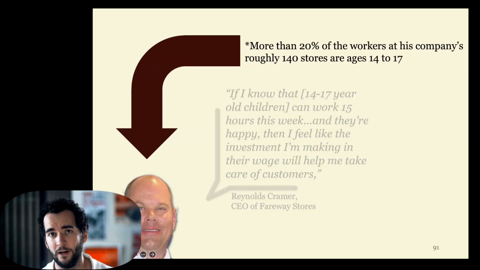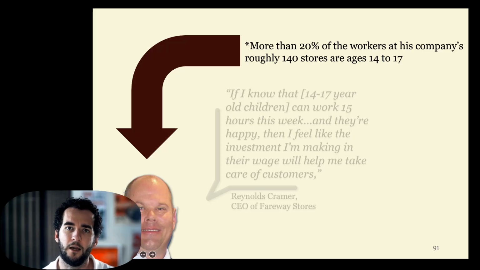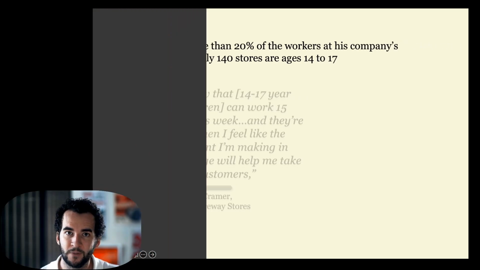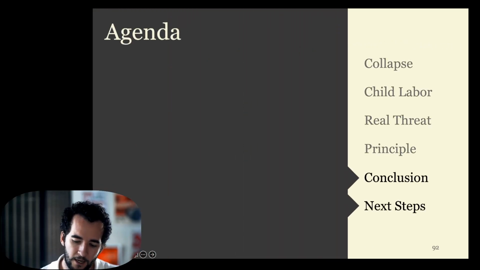And he is already very much so employing children. More than 20% of the workforce at his companies, roughly 140 stores, are aged 14 to 17. So finally, conclusion and next steps.